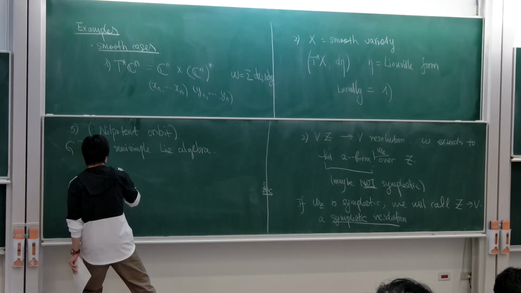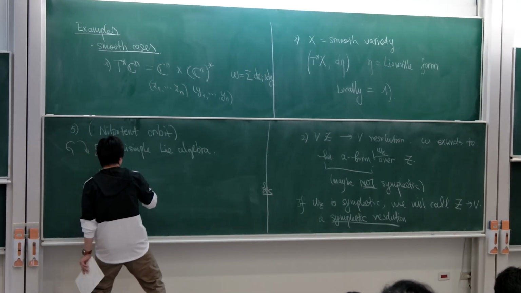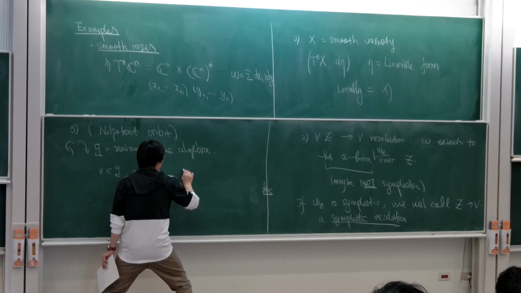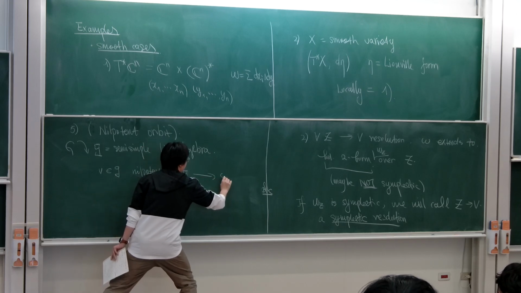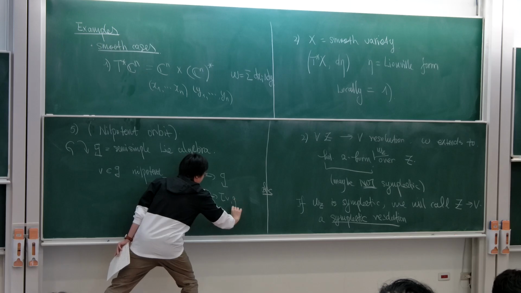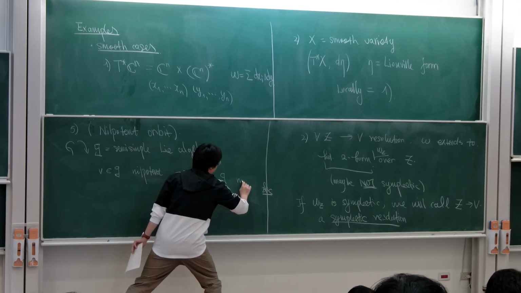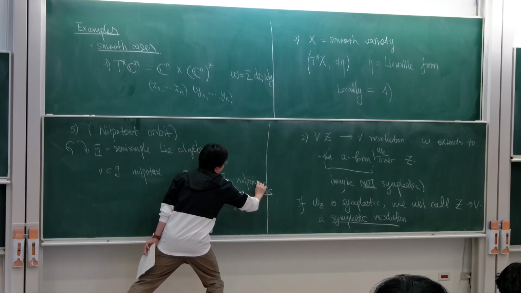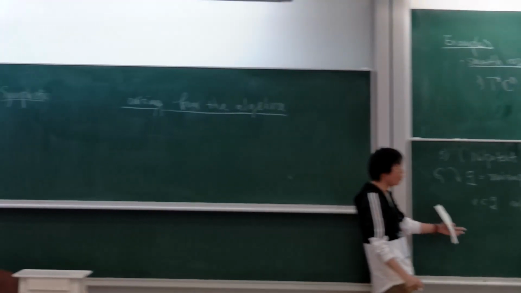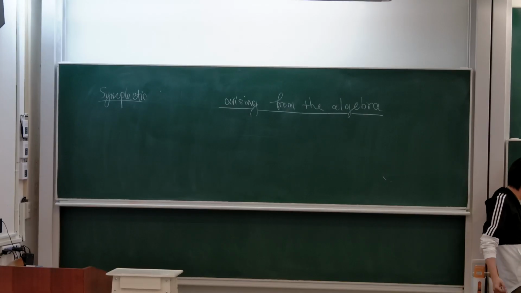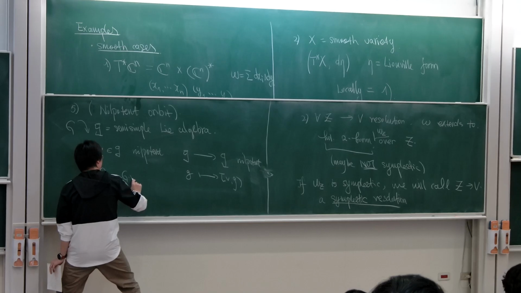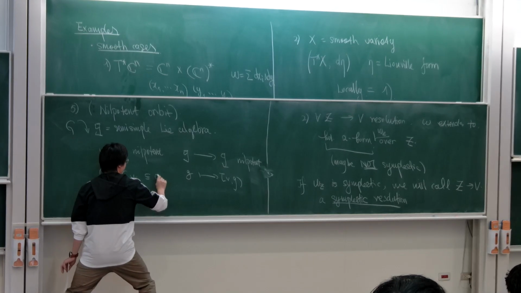So you take any element v in g, which is called nilpotent if the co-adjoint action, this map from g to g defined by v, is some nilpotent linear action. And then you take the orbit of this v under this co-adjoint action. You take O of v to be the orbit of v in g.